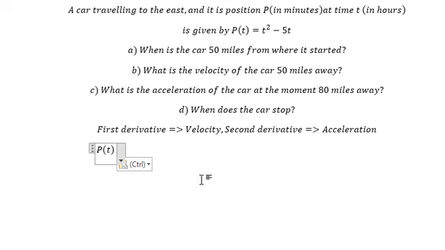In the first derivative you get 2t minus 5. In the second derivative you get the number 2.